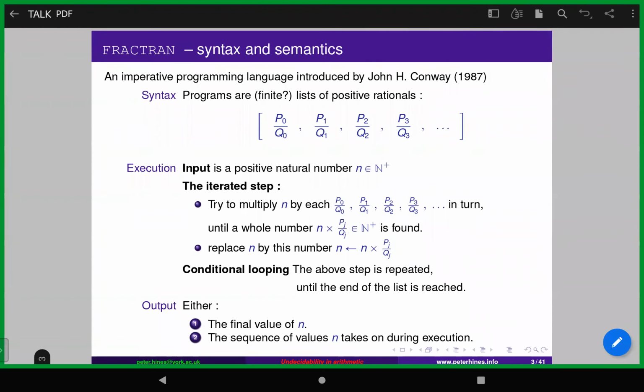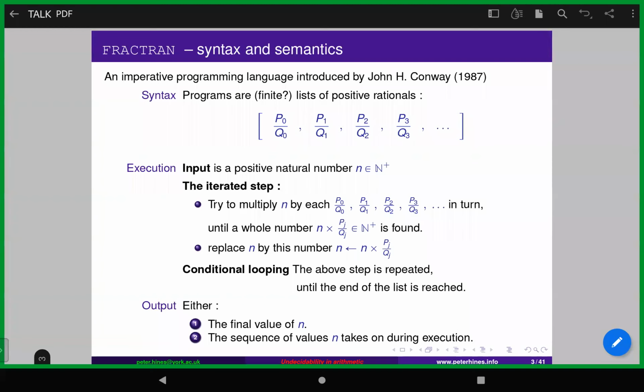You keep doing this until you arrive at the end of the list, even assuming that the list itself is finite. There's two possible options for the output: either the final value of n at which you arrive, your final natural number, or alternatively the trace, so the sequence of values that your natural number takes on during the execution.